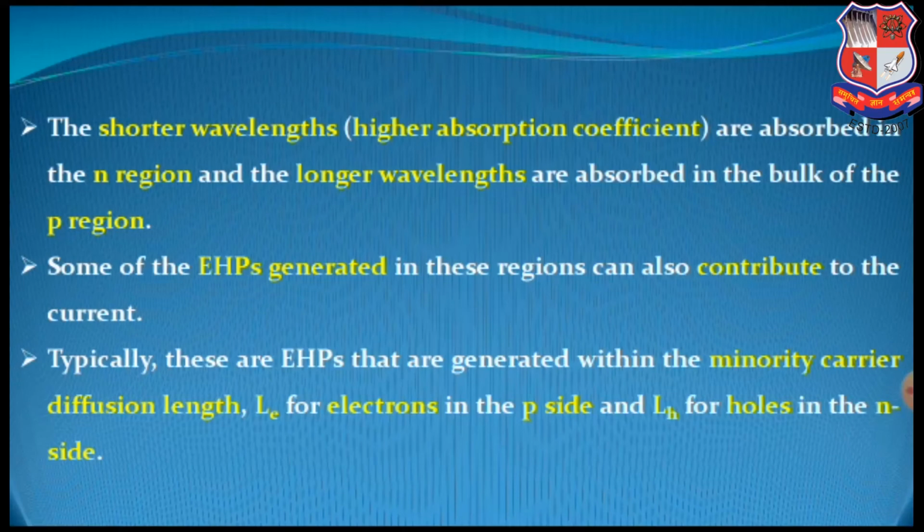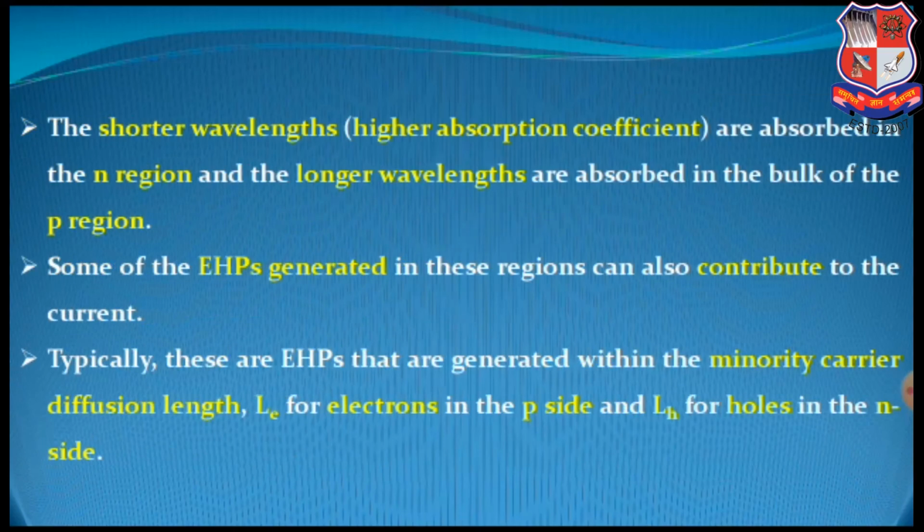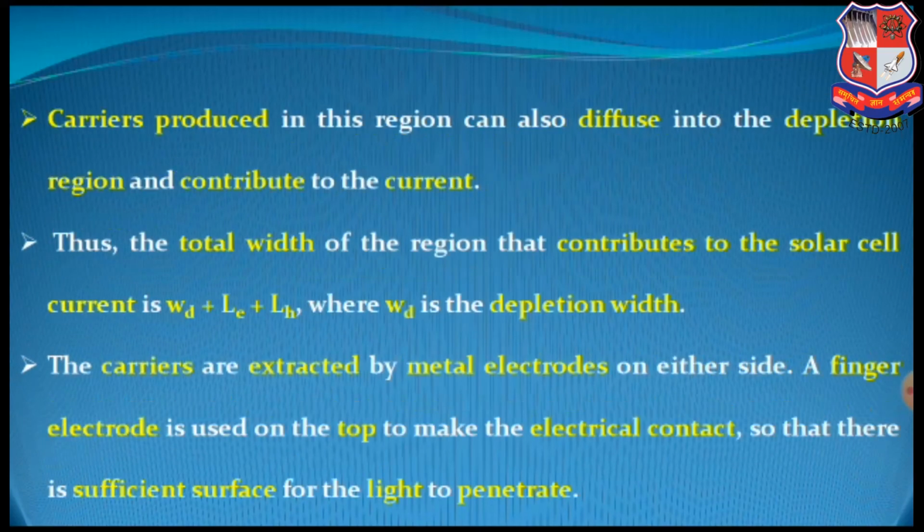Typically, these are electron hole pairs that are generated within the minority carrier diffusion length, that is Le for electrons in the p side and Lh for holes in the n side. See here, they have mentioned the length for the holes and electrons in the p and n type regions, which is the diffusion length.